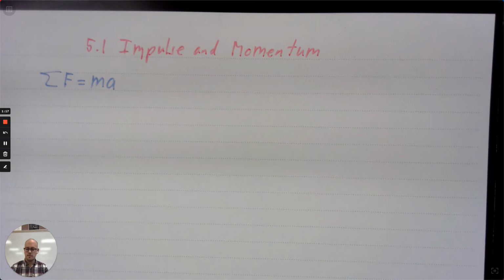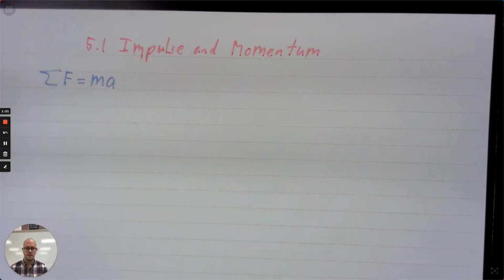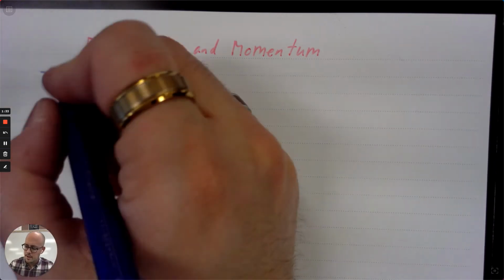So we have net force equals mass times acceleration, so a net force causes acceleration. In this unit especially, the forces that are exerted are not constant, but every force, no matter if it's constant or changing, has an average.